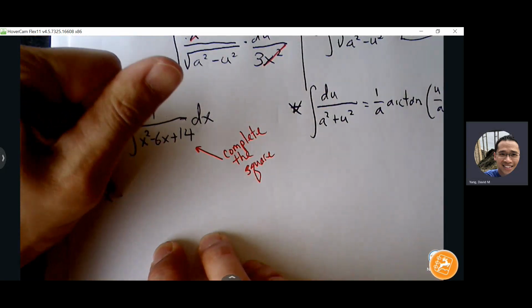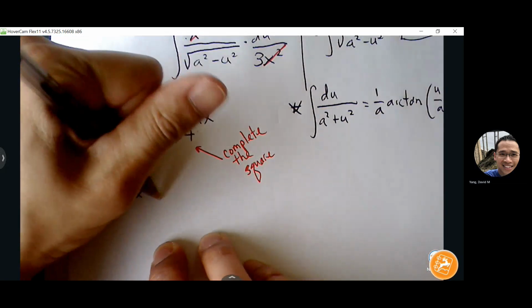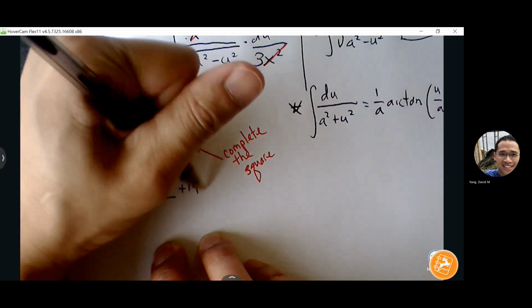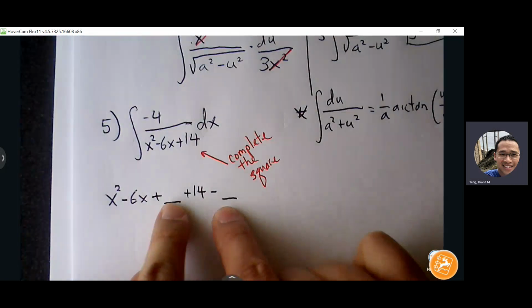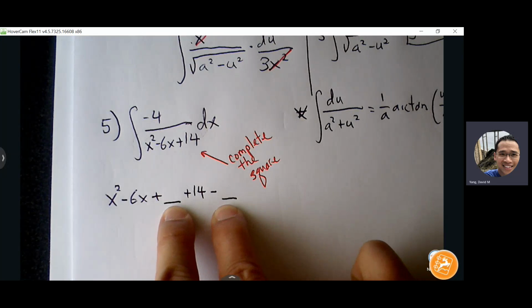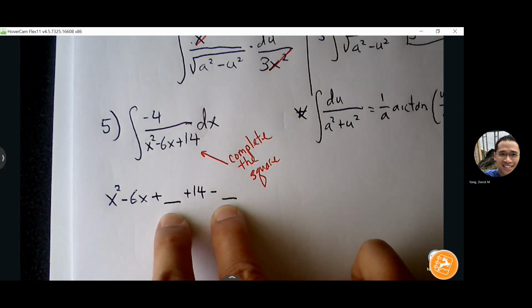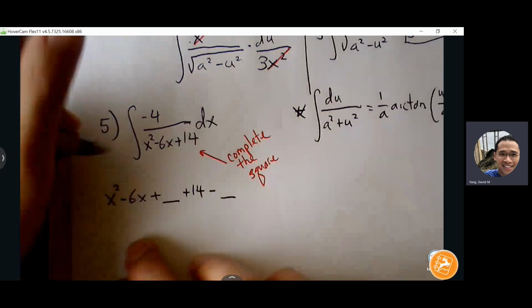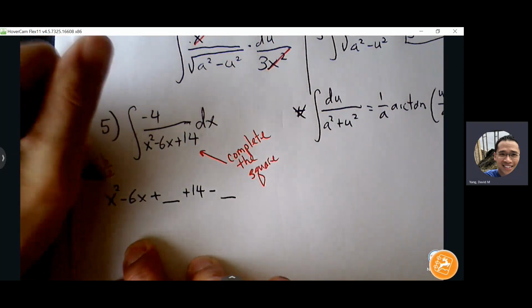We'll step to the side here. Okay, you're always going to have a plus space and a minus space. And that space is going to be filled in by this formula, b over 2 squared.